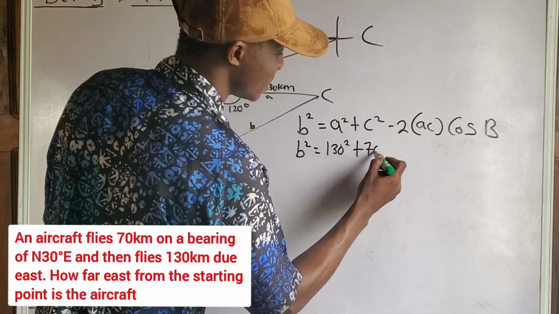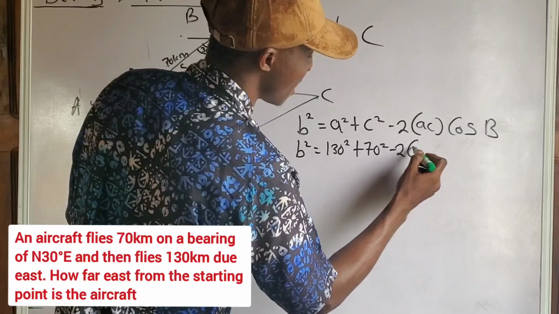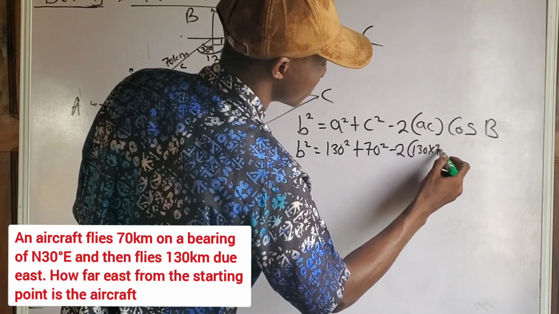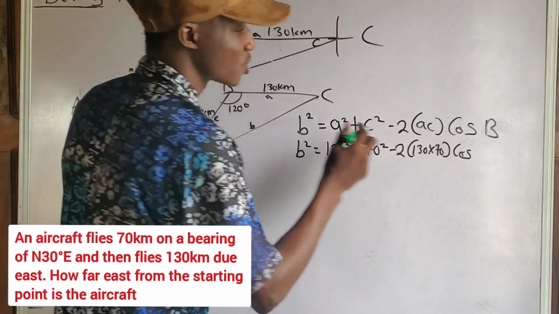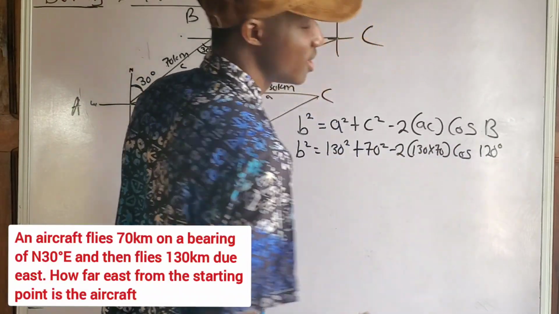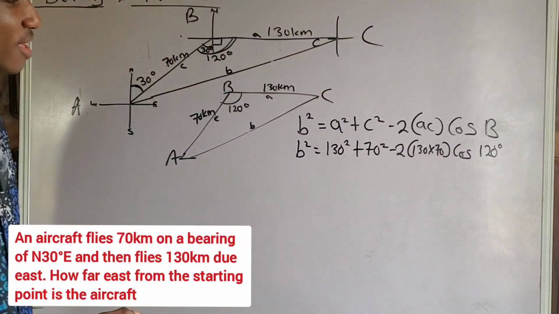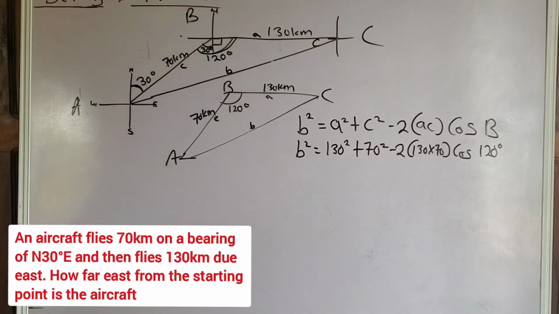So I'm going to have 70 squared minus 2 multiplied by 130 times 70 cos. Now, B is what? 120 degrees. Cos 120 degrees. Do you understand? Okay? You can see that it's simple. All you have to do is just master the steps very well. If you are able to master the steps, you'll be able to solve any question on it.